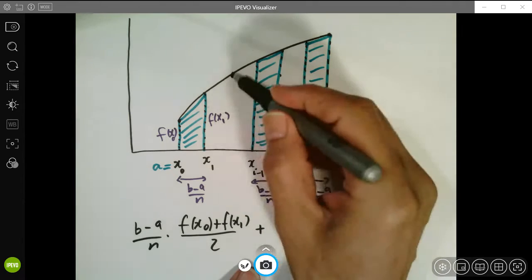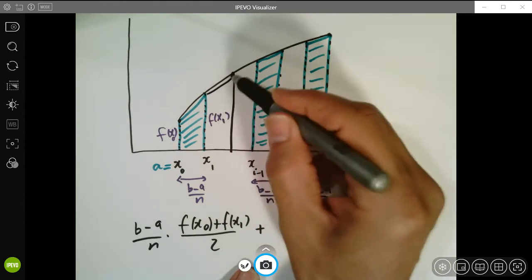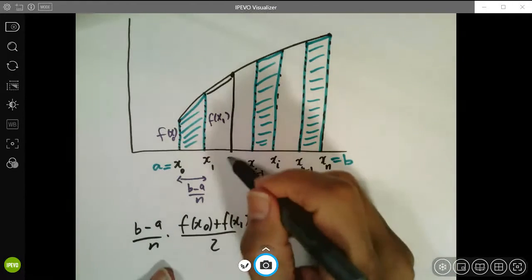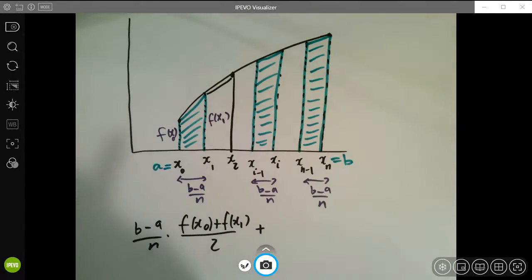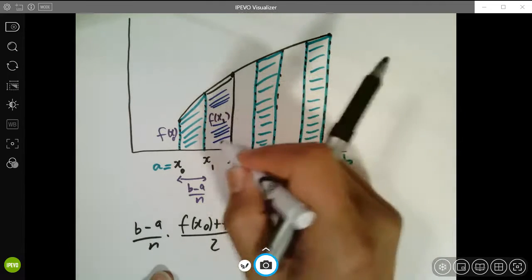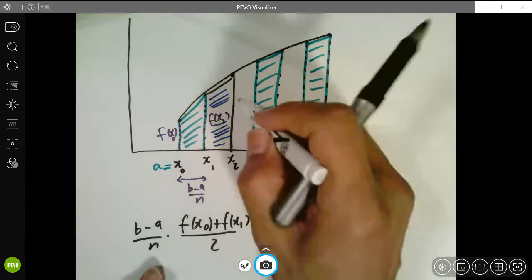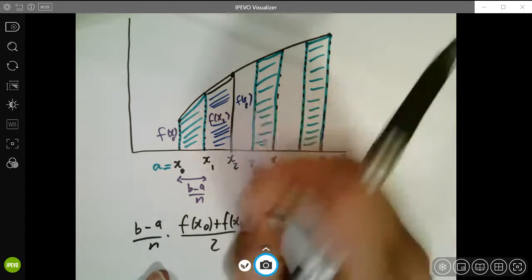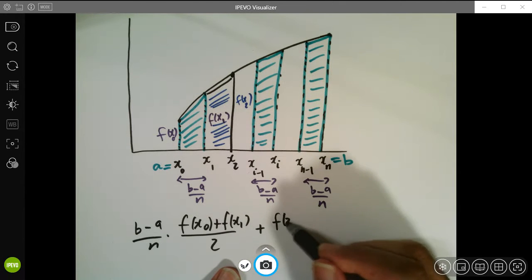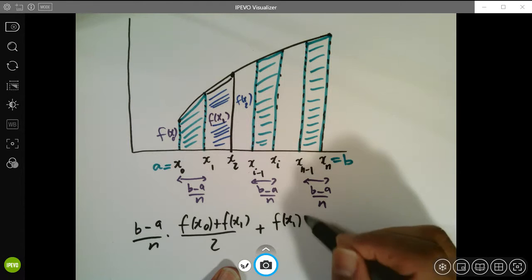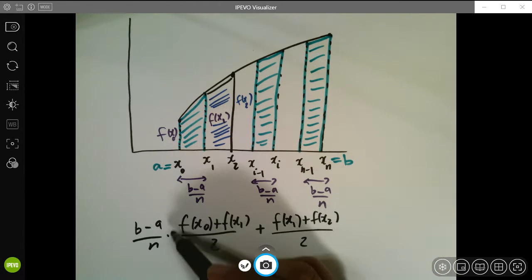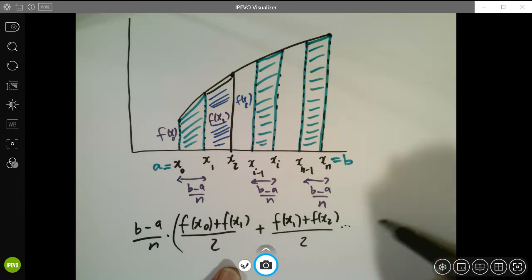The second one will be this one. If you notice, the second one is x2, so this is f of x2, and you keep going all the way.